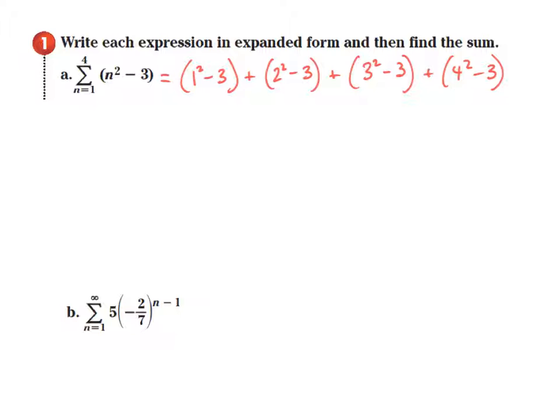Okay, so we could figure these out, right? 1 squared minus 3 is negative 2, plus 4 minus 3, plus 9 minus 3, plus 16 minus 3. And if we add those all up, we get 18.